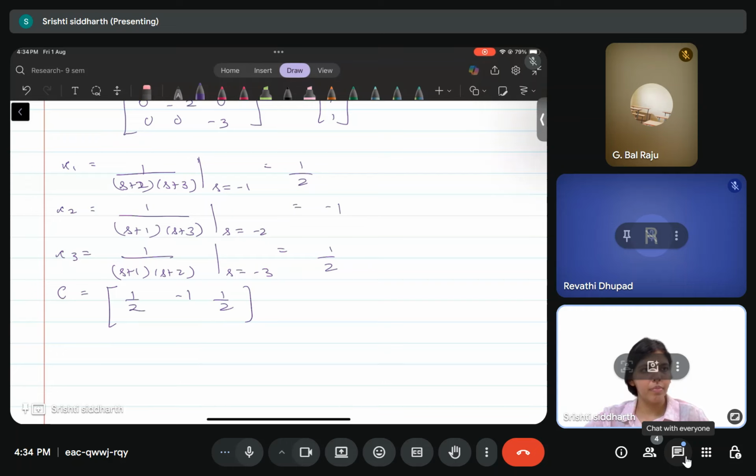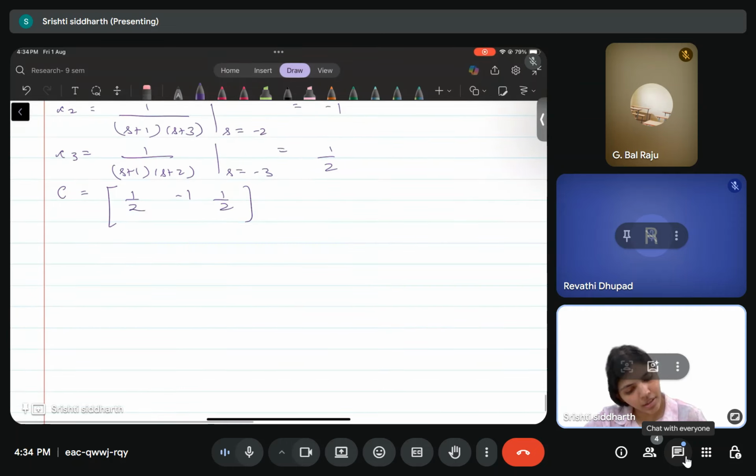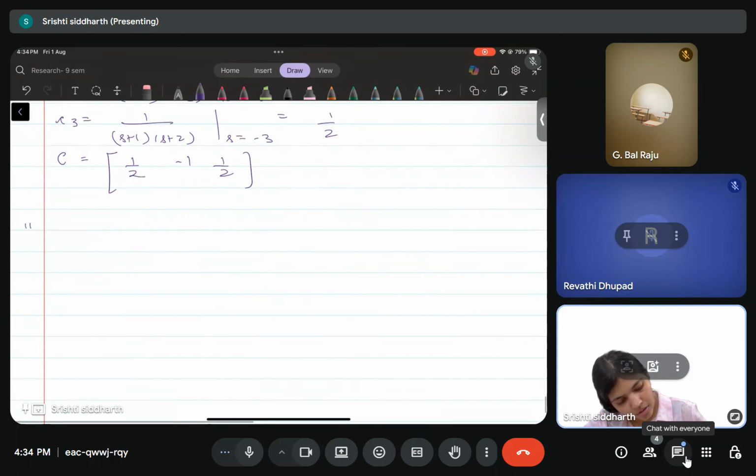Alright. So let's consider another differential equation. That's y triple dot plus 3y double dot plus 2y dot equals u dot plus u.